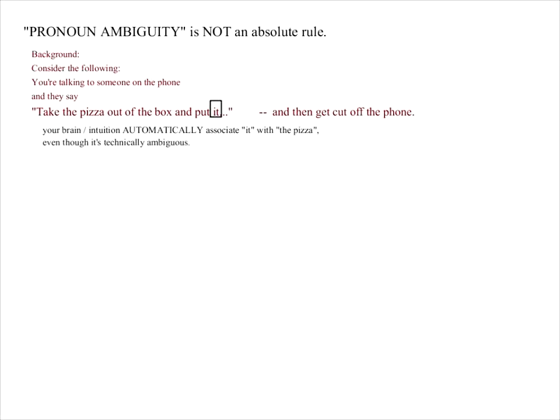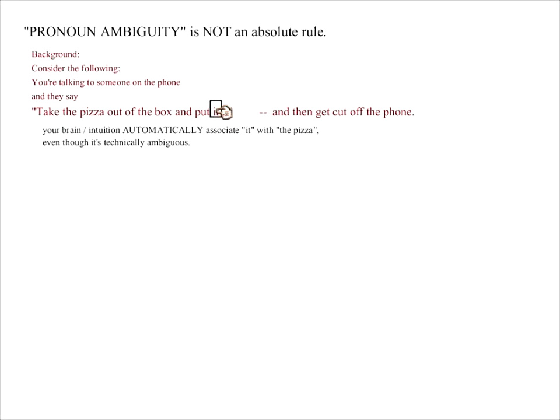And this is always the result in any class to which this example is shown. I mean, there's no reason you couldn't put the box somewhere also. It could be take the pizza out of the box and put the box into the garbage can. But there's an automatic association with the pizza and it, even though this is further away from the pronoun.